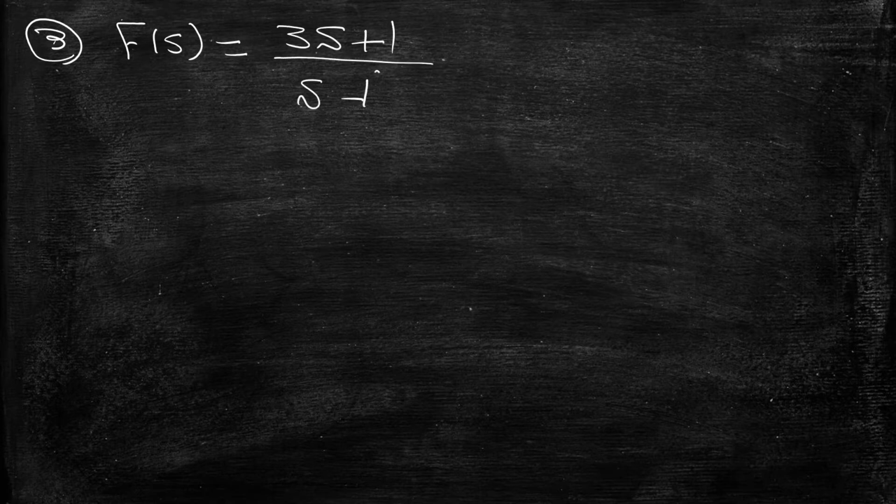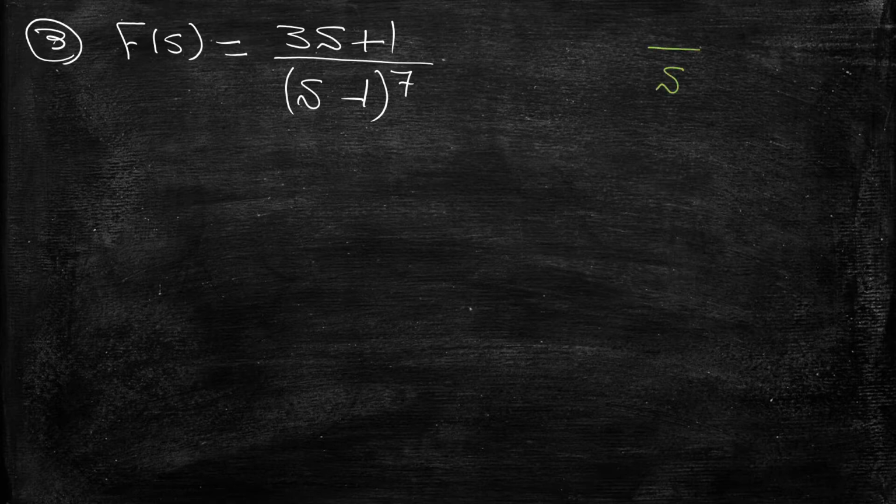Let's see another example. Here we have F(s) equal to 3s plus 1 over (s minus 1) to the power 7. Don't worry about these powers. Let's remember something very quickly.